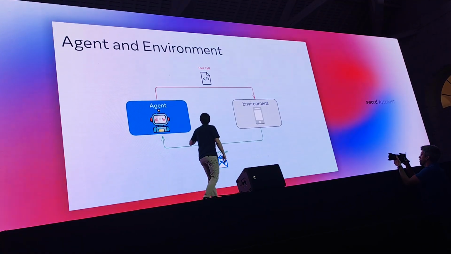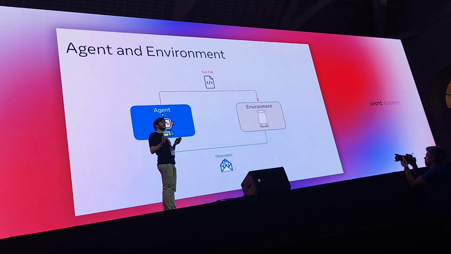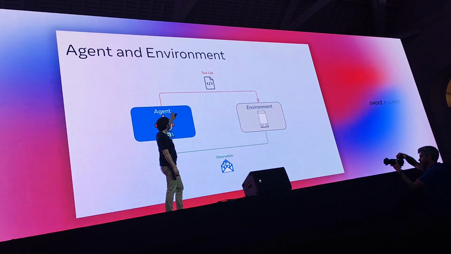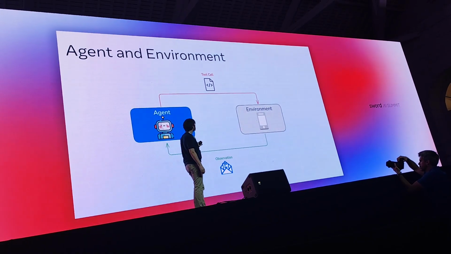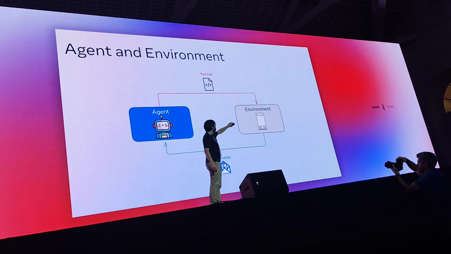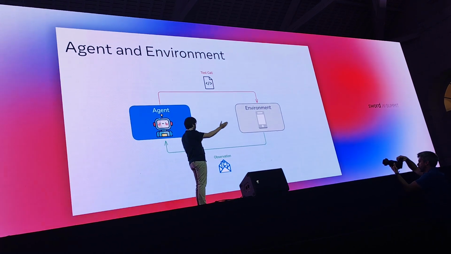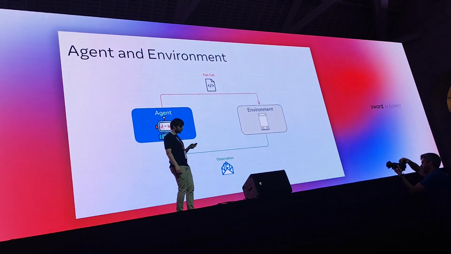To fulfill some user request, the agent will emit tool code, and the environment will execute that tool code and provide an observation, the result of the tool code, to the agent.